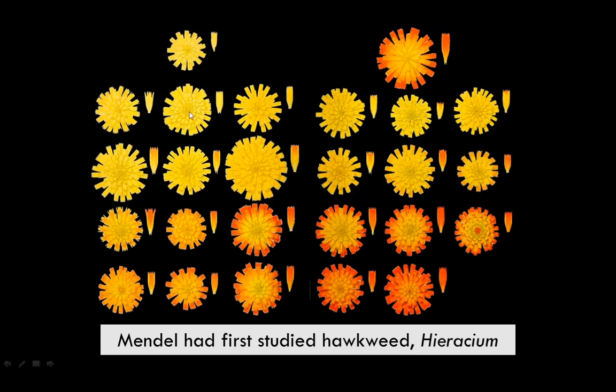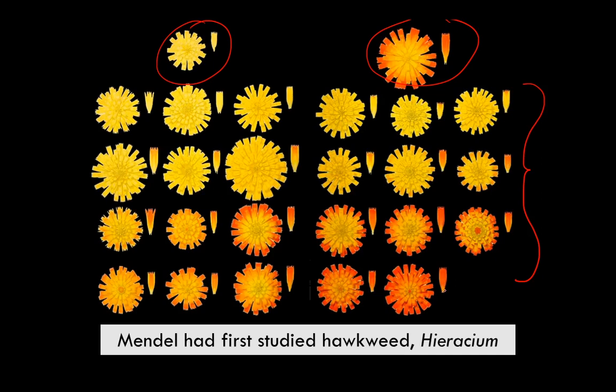Here we see the results of a cross between two plants. Here's one parent, and here's the other. Okay, and then these are all the offspring. Within here you can see every possible variation of yellow all the way to mostly red.